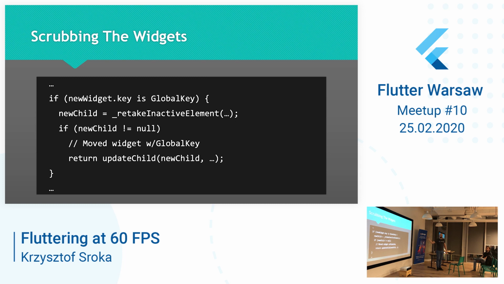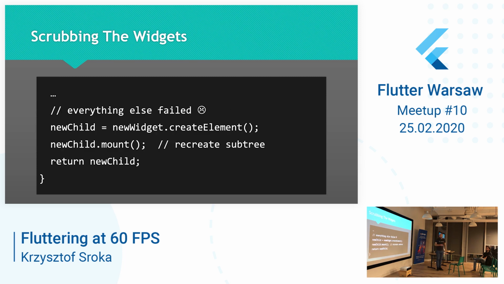So we see, oh, was that widget somewhere else before? If it was, but it's in a new place, we can just reattach the whole widget and its subtree to a new place. And we update that again. But when everything else fails, that's the worst case scenario actually.